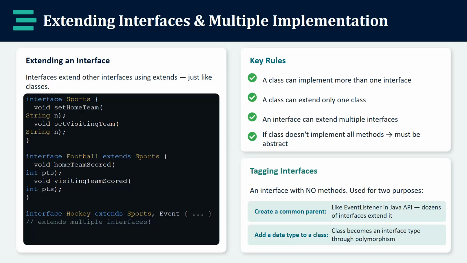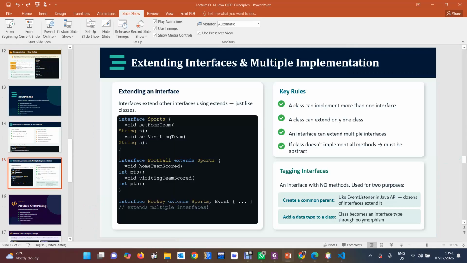And lastly, if a class doesn't implement all the methods, it must be abstract. So those are the major things that you have to keep in mind.